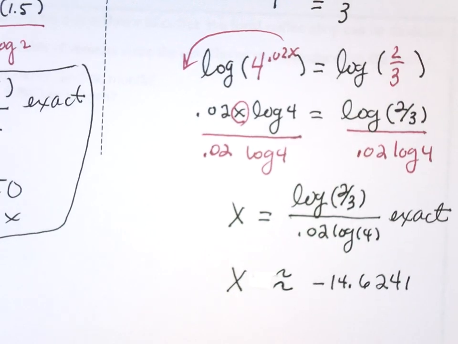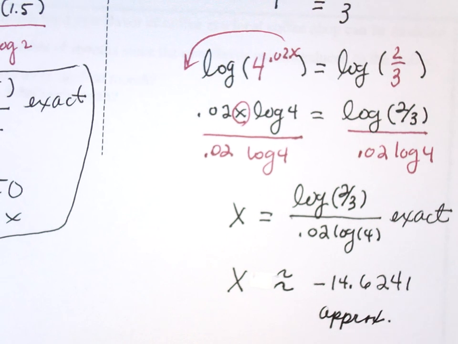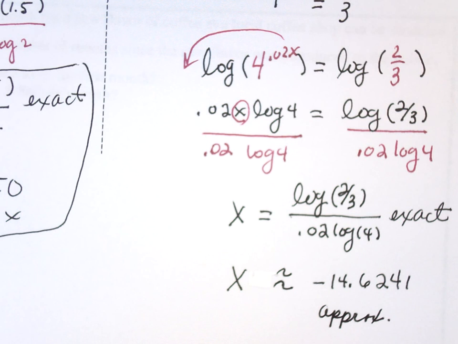So that's your approximate answer. The more exponents you have, the worse the problem is. Don't have a choice.